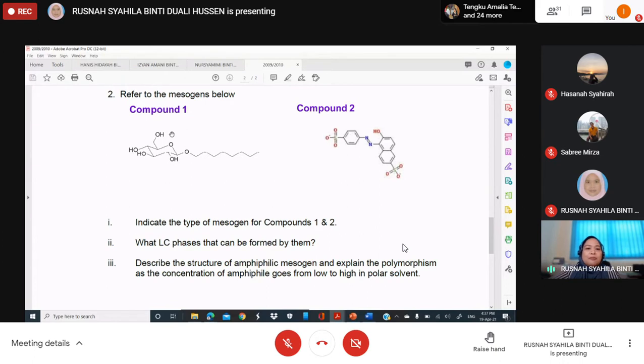So you have to say compound 1 should be able to show cubic, hexagonal and lamellar phase. Okay, if you want to elaborate further, you can, but those are the phases. Okay, compound 2 will not be able to show you a cubic phase, but either nematic or hexagonal.